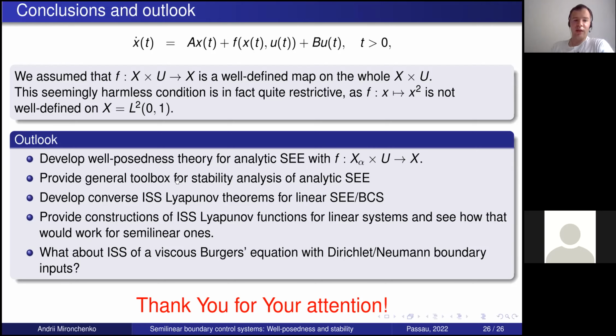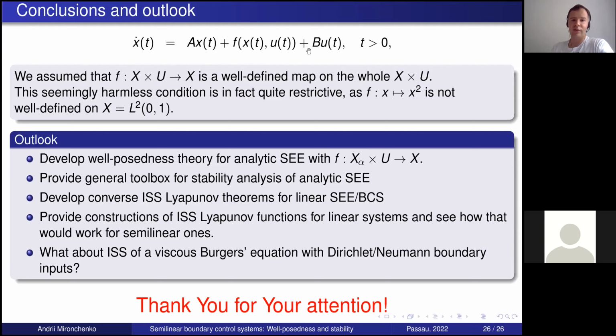Then also, what I have not presented here at all is converse Lyapunov theorems. What would be nice to have is converse Lyapunov theorems for this class of systems. Another thing is that even for linear systems, if we do not have F, we do not have converse Lyapunov theorems in case B is an unbounded operator.